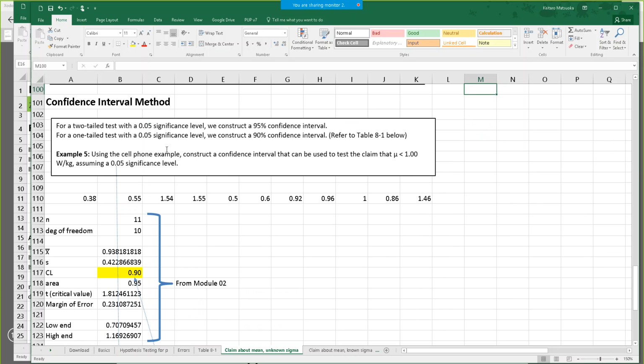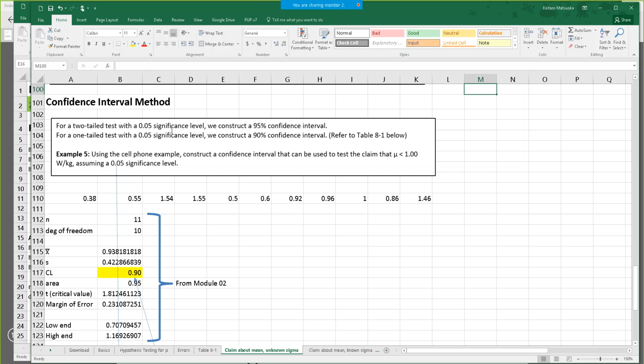Generally speaking, for the confidence interval method, for a two-tail test with the 0.05 significance level, you construct the 95% confidence interval. If it's a one-tail test with the 0.05 significance level, you construct the 90% confidence interval.